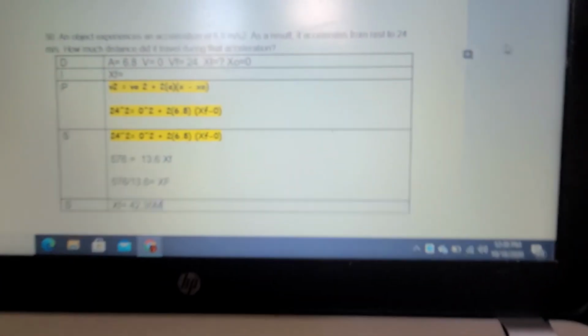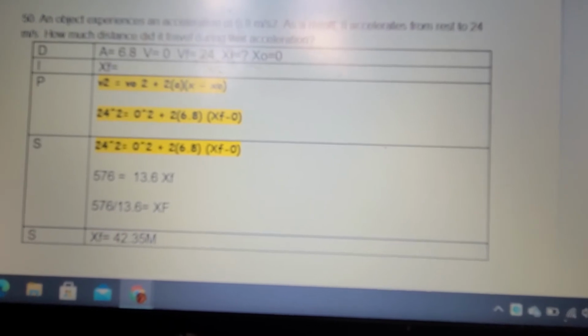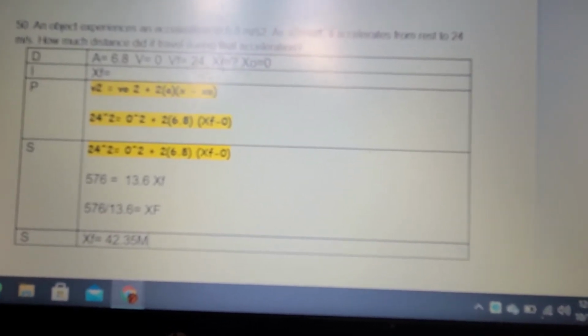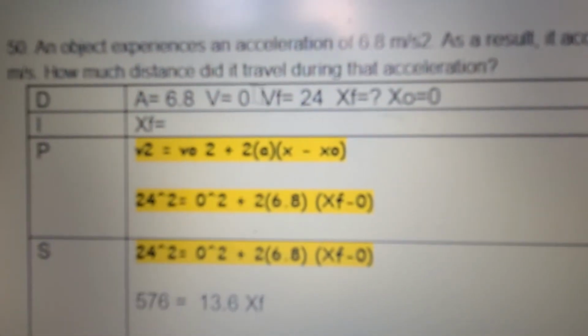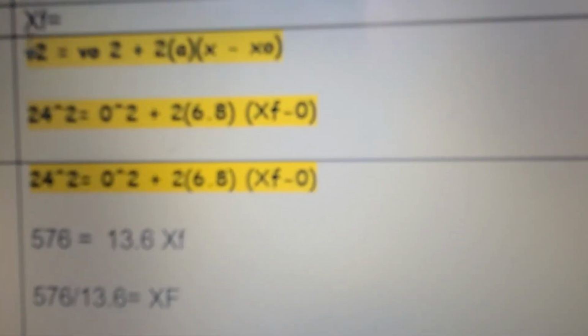Okay? For number 50, it says an object experiences an acceleration of 6.8 meters per second squared. As a result, it accelerates from rest to 24 meters per second. How much distance did it travel during that acceleration? You have your variables written out for me right here. You have your acceleration, you have your formula.